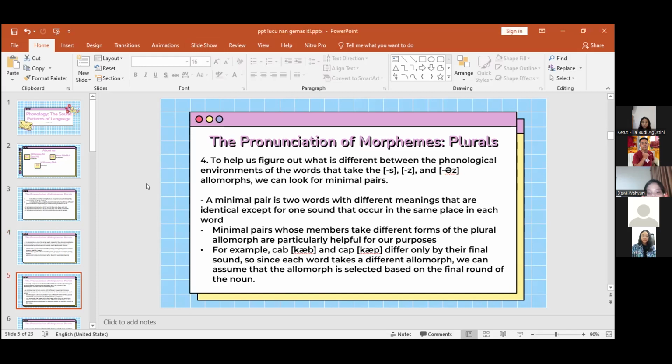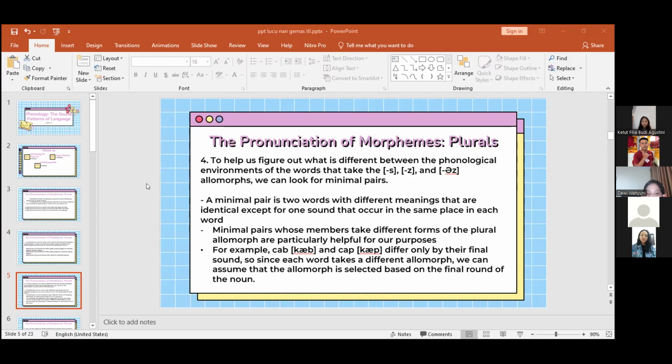To help us figure out what is different between the phonological environment of the words that take the S, Z, and iz allomorph, we can look for minimal pairs.